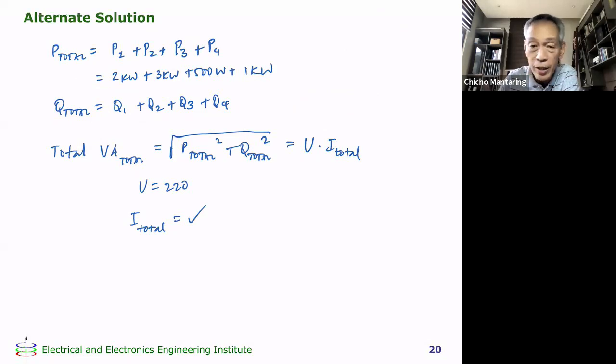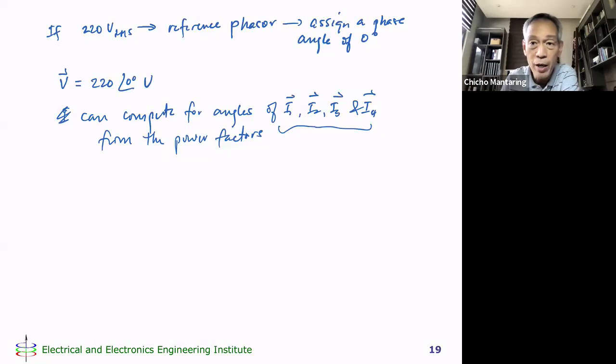The other one is just using power balancing, conservation of power. If you use this technique, you don't have to worry about complex numbers, whereas using the phasor technique, you'll have to worry about complex numbers. But like I said, that's not an issue because you have calculators that can do complex number calculations.